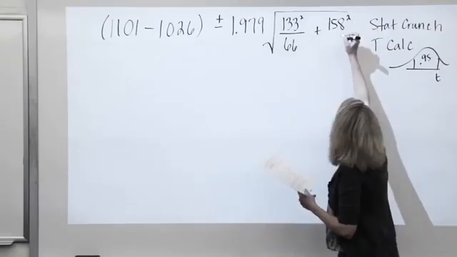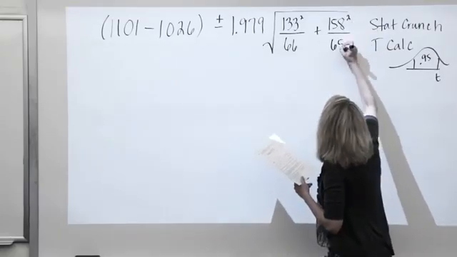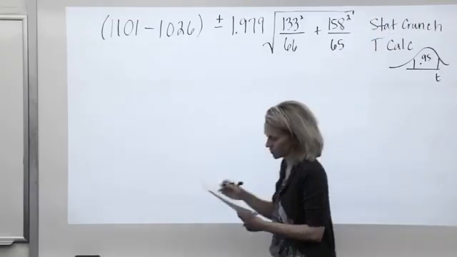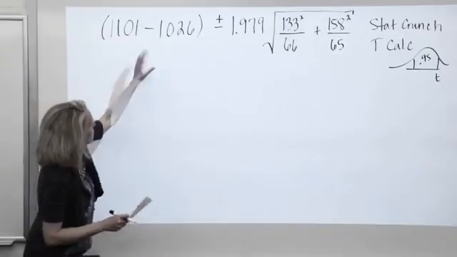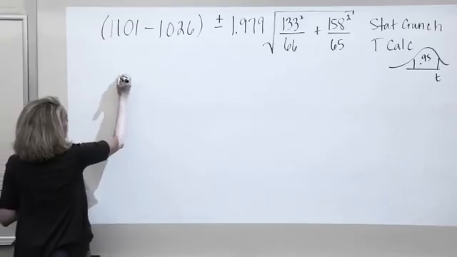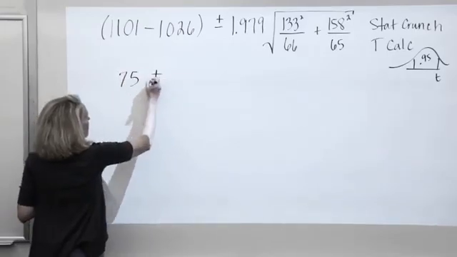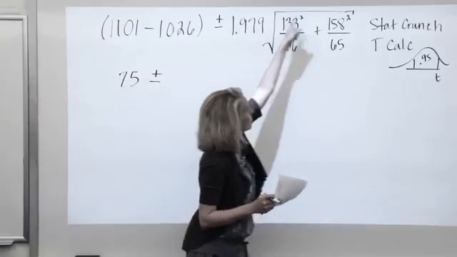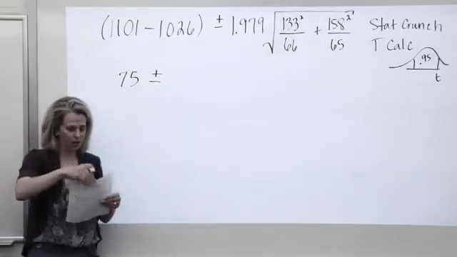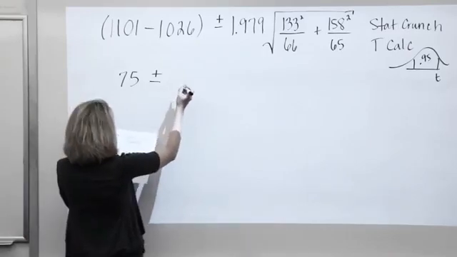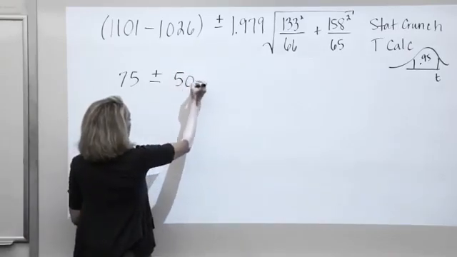We square that, and there were 65 students in that sample. So we already know that this difference between our two sample means was 75. And then if you compute the margin of error over here, we're going to take 75, give or take what? This ends up being 50.54.